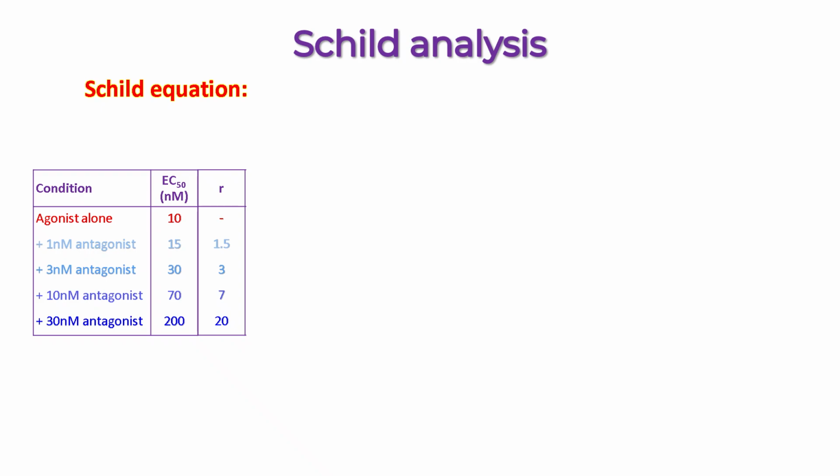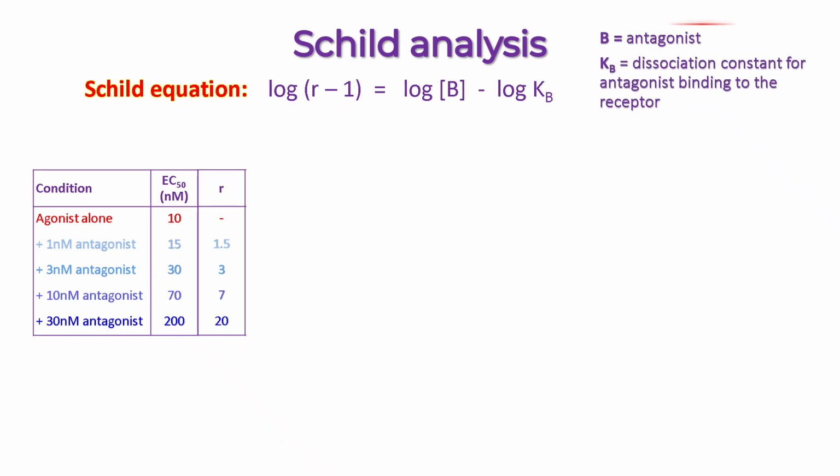It states that the logarithm of the dose ratio minus 1 is equal to the logarithm of the concentration of B minus the logarithm of Kb. In the Schild equation, B refers to the antagonist and Kb is the dissociation constant for antagonist binding to the receptor.